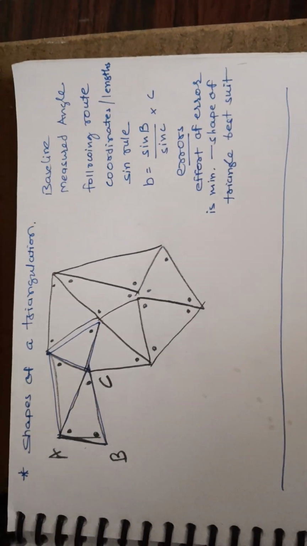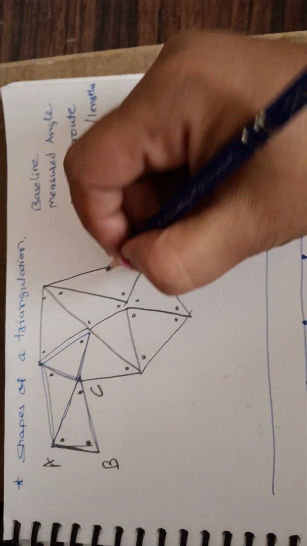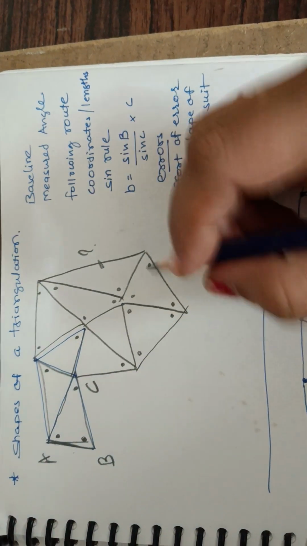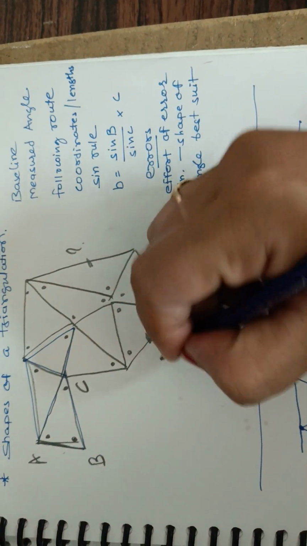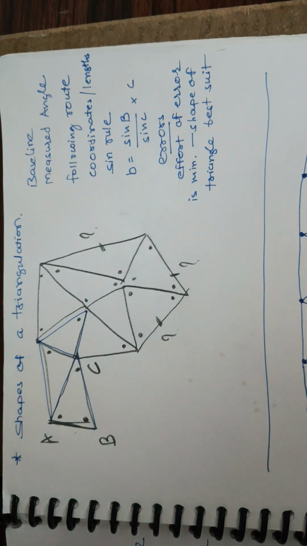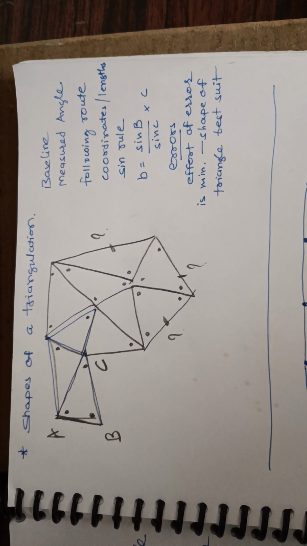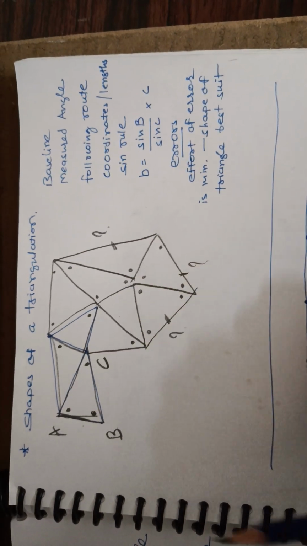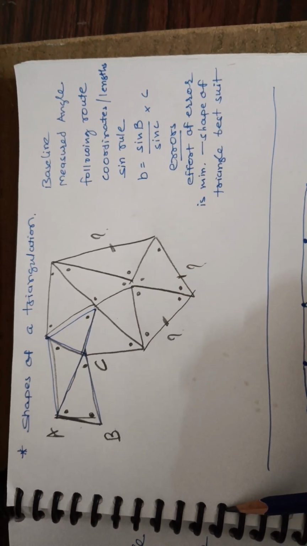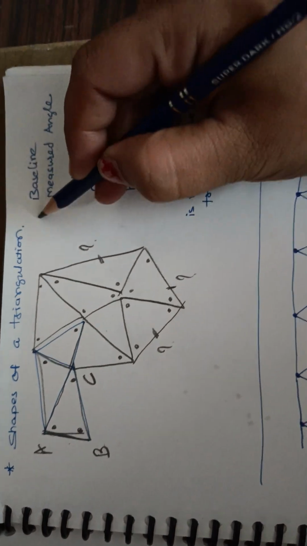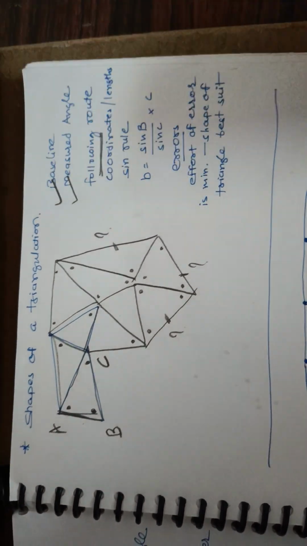Now if I want to find out this length, or all other sides of the triangles, what I have to do first is, with the help of the baseline and measured angles, follow the routes. The baseline is known, measured angles are known.